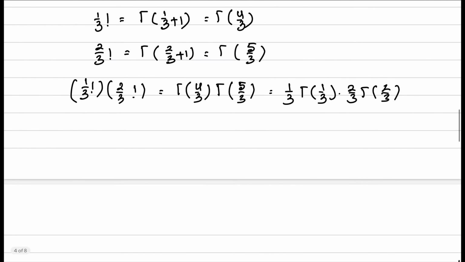Now, because gamma n plus 1 is equal to n into gamma n, gamma 4 by 3 is nothing but gamma 1 by 3 plus 1. Here n is 1 by 3, so 1 by 3 into gamma 1 by 3, and 2 by 3 into gamma 2 by 3. These two values are from the definitions which we have given already. Now, ultimately our aim is to find this value.